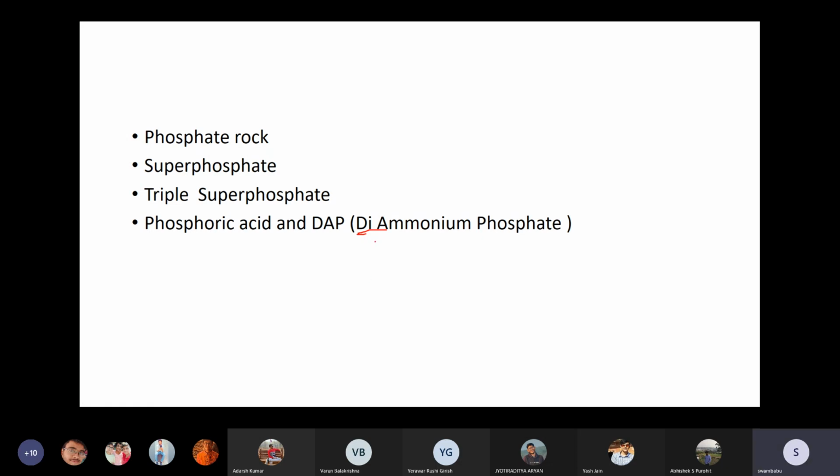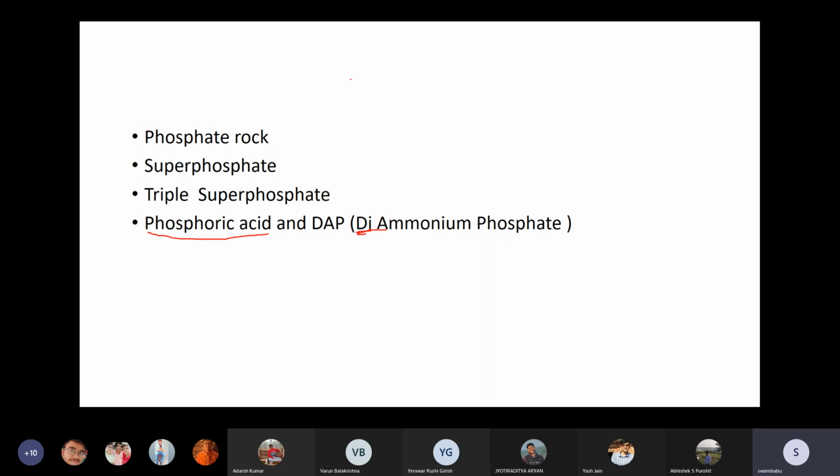So the rest of today's session will be focused on the production of diammonium phosphate. But diammonium phosphate production requires phosphoric acid, so we will also see how they make phosphoric acid.